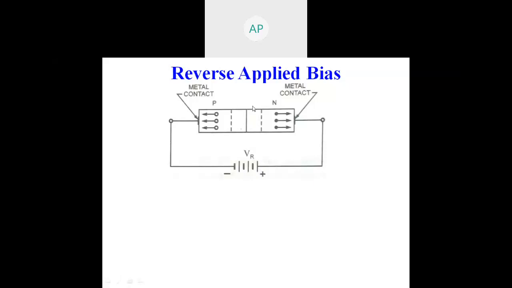So this reflects that the depletion width goes on increasing, and the barrier is bigger. Therefore the movement of electrons from the N region does not go to the P region, so there will be no recombination.